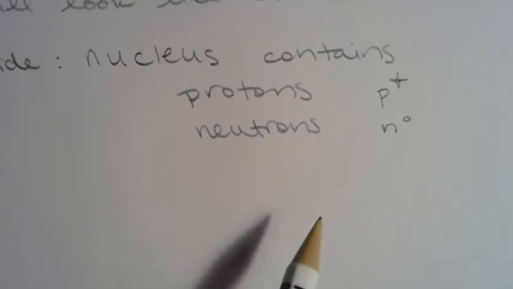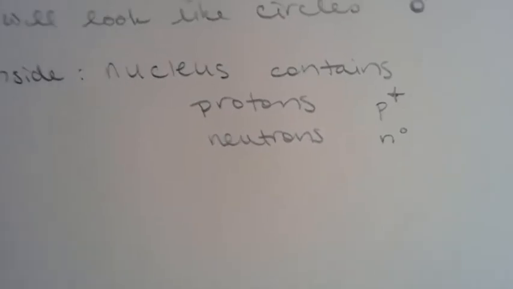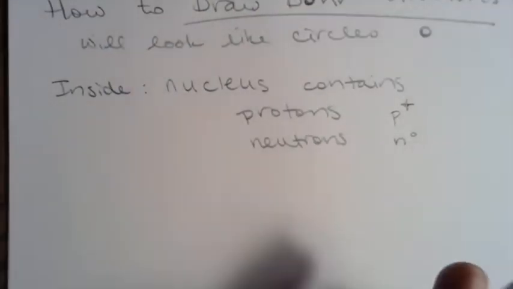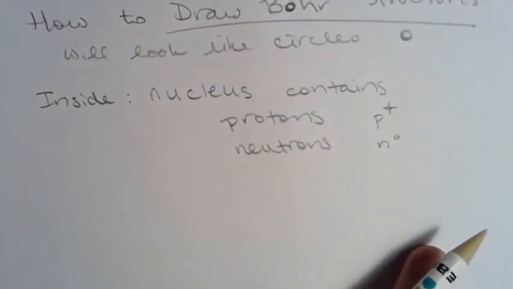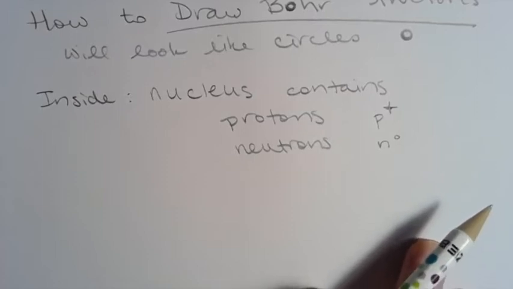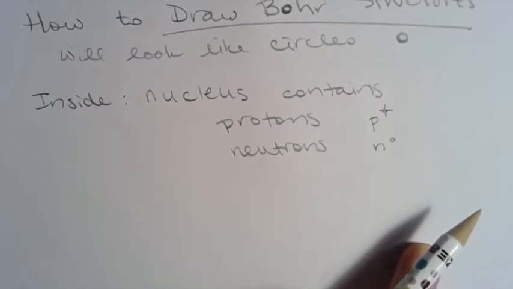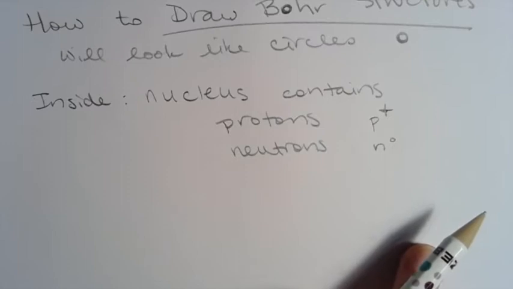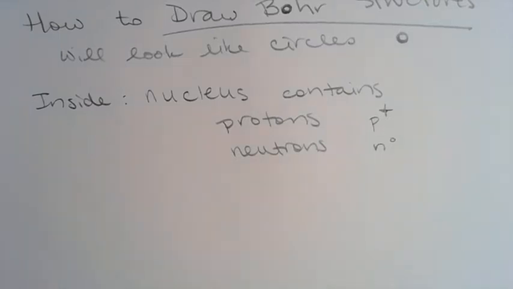Okay. So when you go to draw a Bohr structure, on the inside, a little tiny nucleus on the inside, we'll put how many protons, and I'm not going to get us too deep into how many neutrons yet. I want to show you how many neutrons, so let's do it.